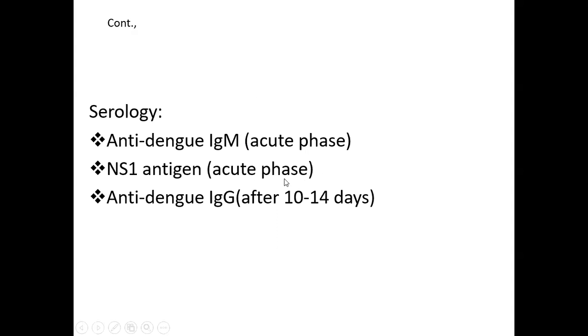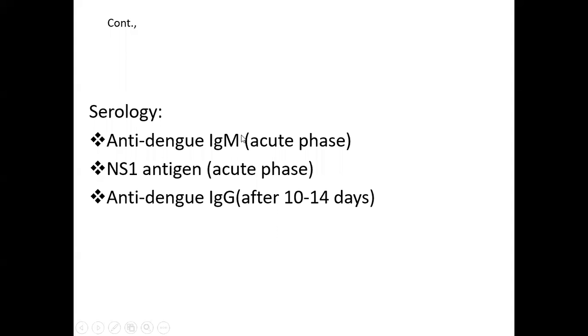So if someone comes to the doctor in the early stage, anti-dengue immunoglobulin M and NS1 are to be advised. If 7 days or more have elapsed, then anti-dengue immunoglobulin G is performed to come to a conclusion whether the patient is infected by the dengue virus or not.